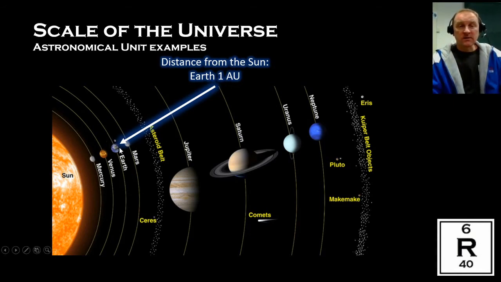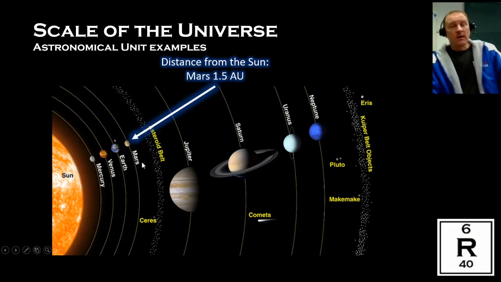Once we get past Earth, we go to Mars, which is 1.5 astronomical units, so that means it's halfway between Earth and the sun is where you'd find Mars. So these lines are not to scale at all, are they? Because if Earth and the sun was this distance, about the halfway point would be Mars, so it'd be a little bit further out.